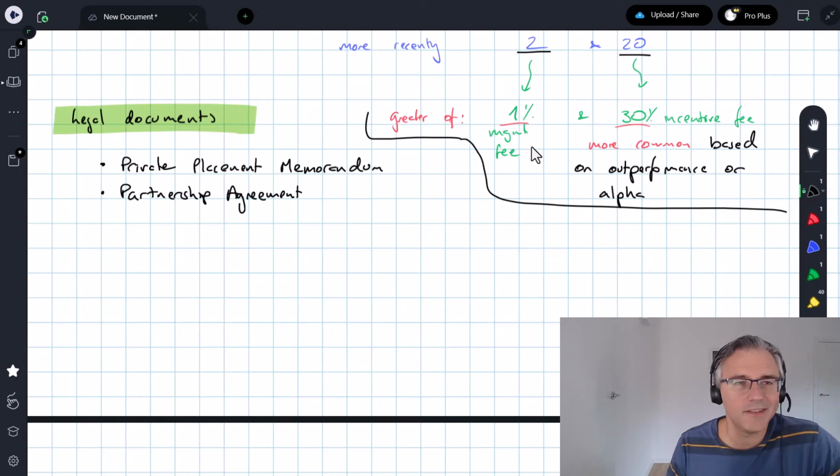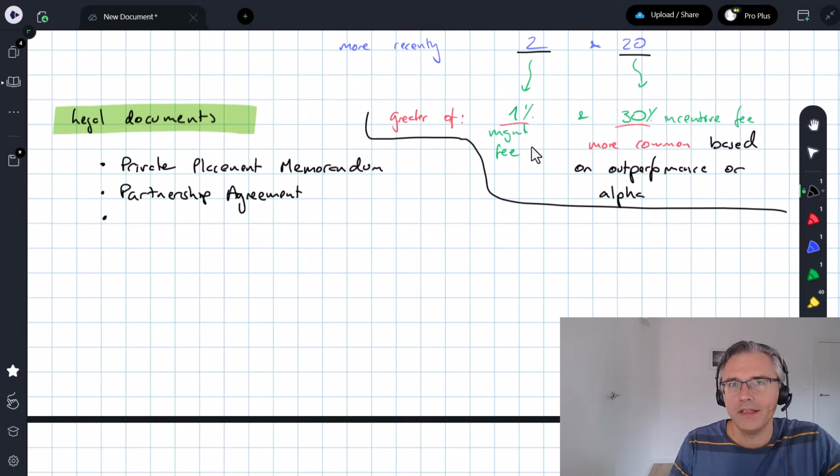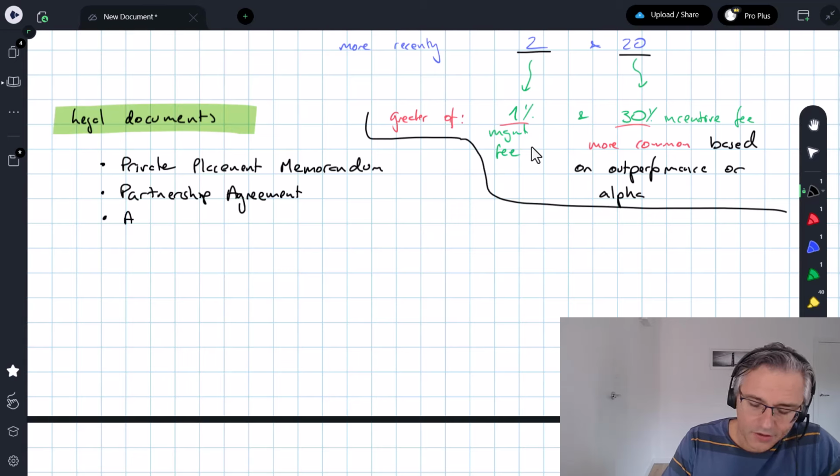However, in reality, you would see it if you were doing this kind of thing in reality. If the fund is structured not as a partnership but a company, obviously there is different documentation, like the articles of incorporation.